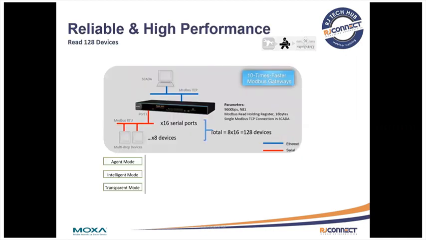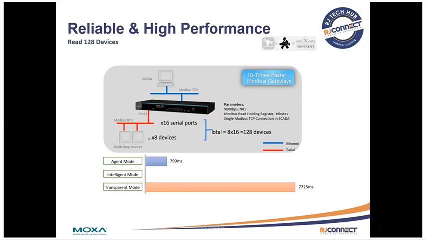Another example would be a high-density application where we've got, let's say, up to 128 devices. In transparent mode, our Modbus requests could take up to 8 seconds to complete for all 128 devices.